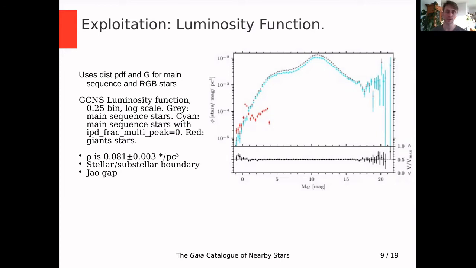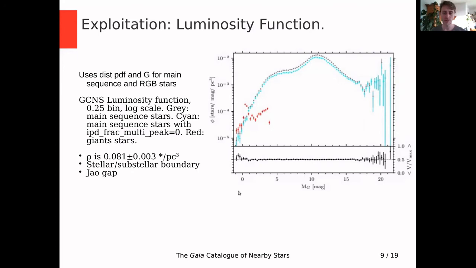That means stars that are fainter than the magnitude limit in a particular direction of the sky are not included in the luminosity function, and also the volume is lowered in that direction. And similarly, we also include the probability density function of the distances. So stars that are at the 100 parsec border only contribute partially to our luminosity function.